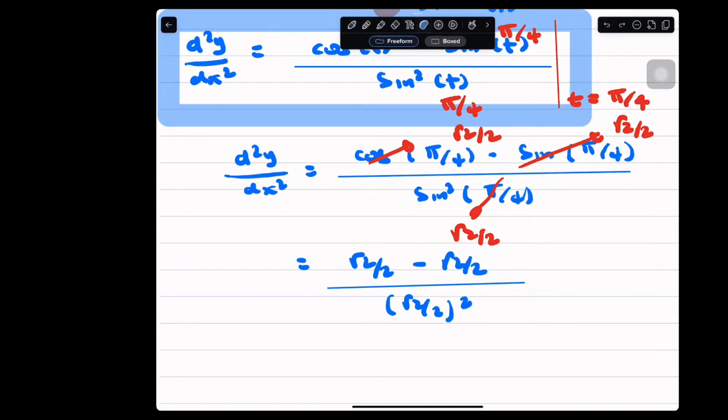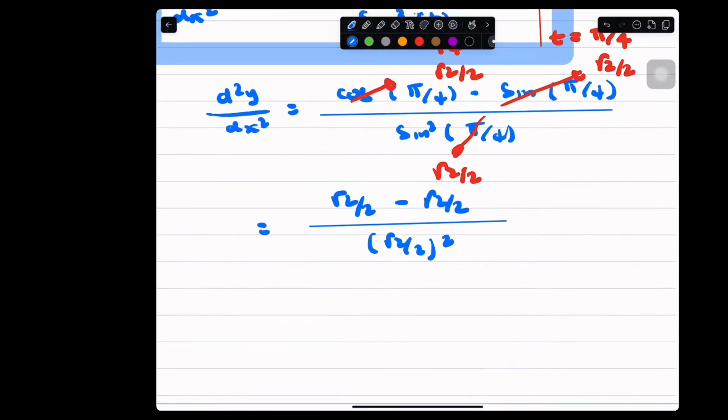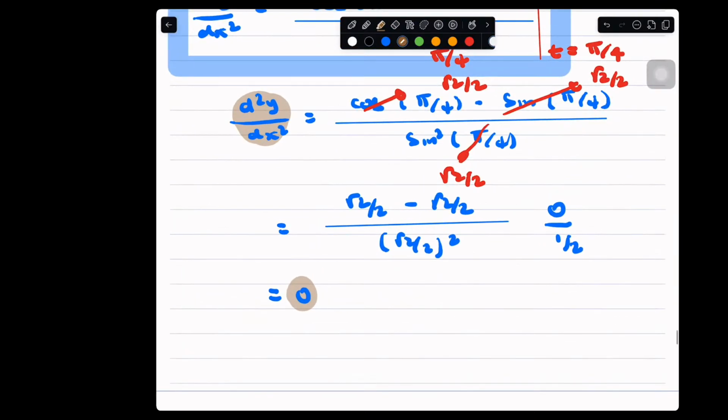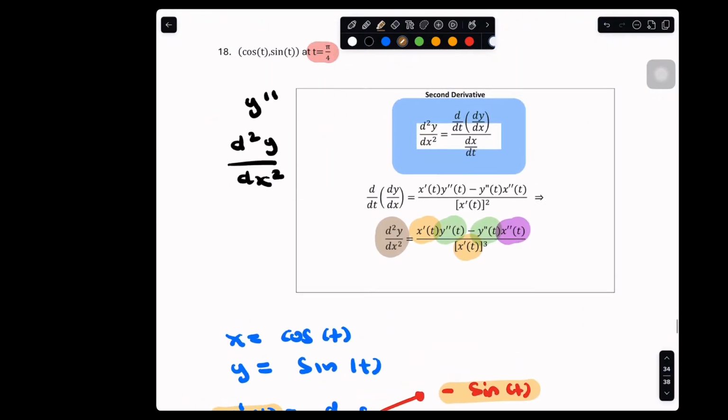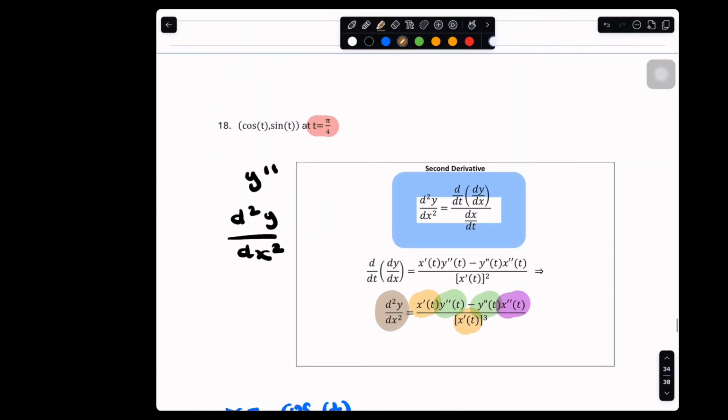All right. 0 over 1/2. This second derivative is 0. So your second derivative here for number 18 is 0.